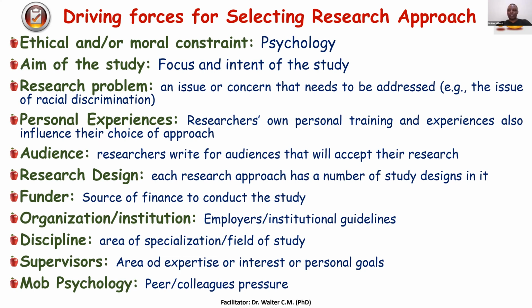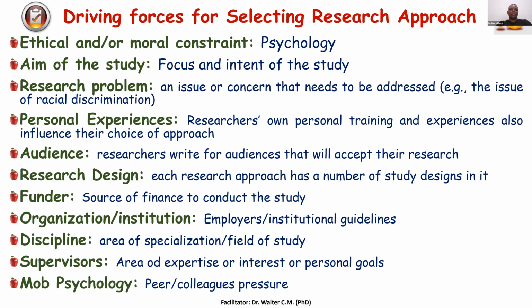So it's up to the student or candidate to opt based on the other criteria that you have mentioned earlier. So organization, institution, employer: your employer may say that we need such kind of researches currently because the priority of the country is in this direction. So if you go to school, when it comes to the stage of you conducting research, opt for qualitative research because we need the findings of such an aspect. So this one may also drive you to opt for a research approach.